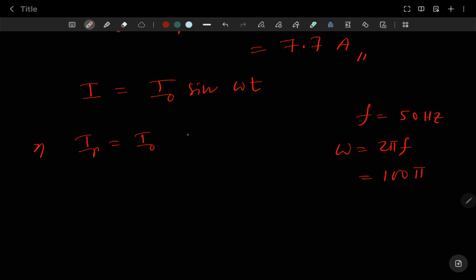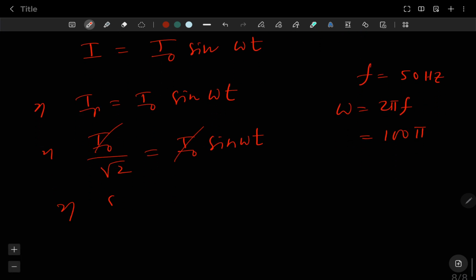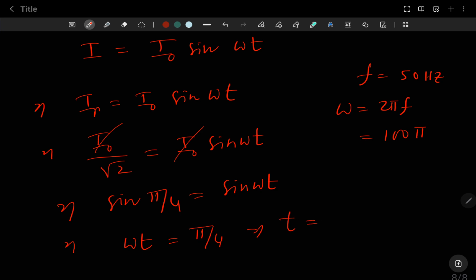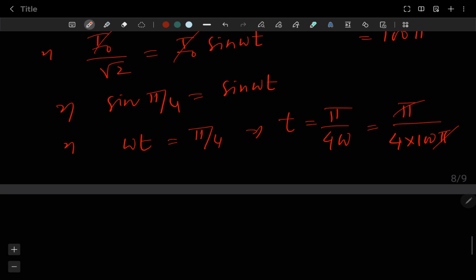So I0 by root 2 is I0 sine omega t, so it is sine pi by 4 equals sine omega t, so omega t becomes pi by 4, so t becomes pi by 4 omega, so it is pi by 4 into 100 pi, so it is 1 by 400 seconds.